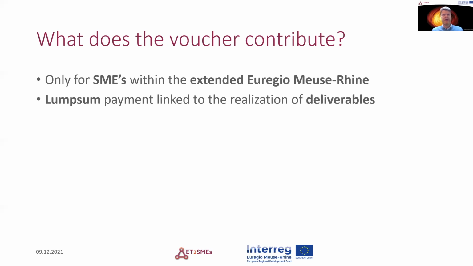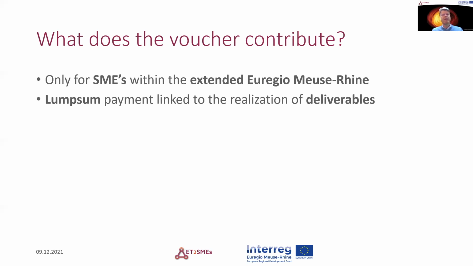And now the partners in the consortium that are able to profit from the voucher are the SMEs that are located within the extended region. So to be clear, other companies, large enterprises or SMEs outside the region, Mees-Rijn, or R&D institutes, universities, they can also join the consortium.